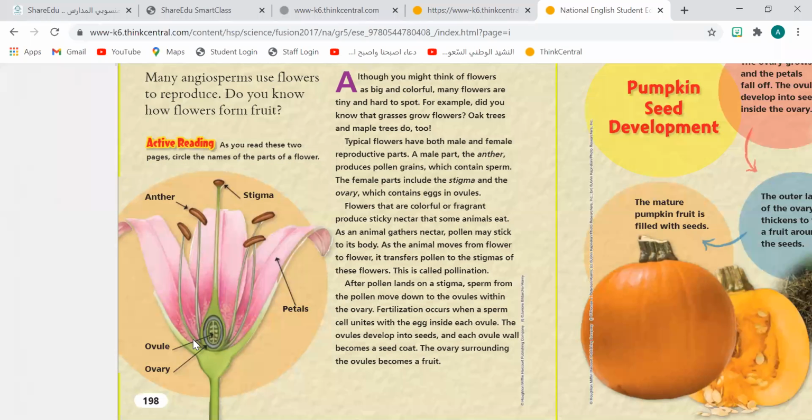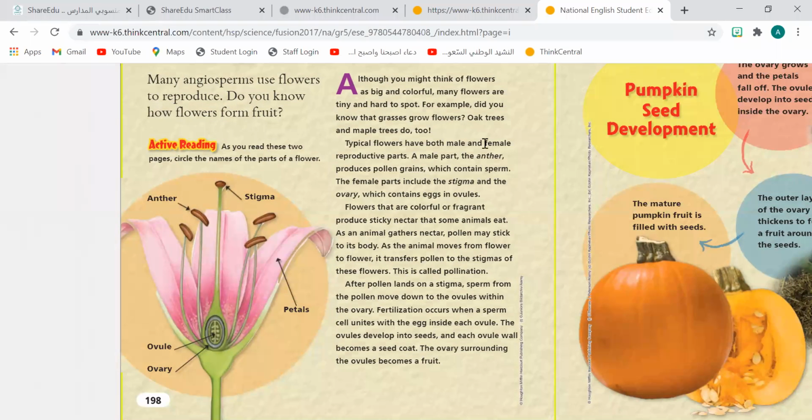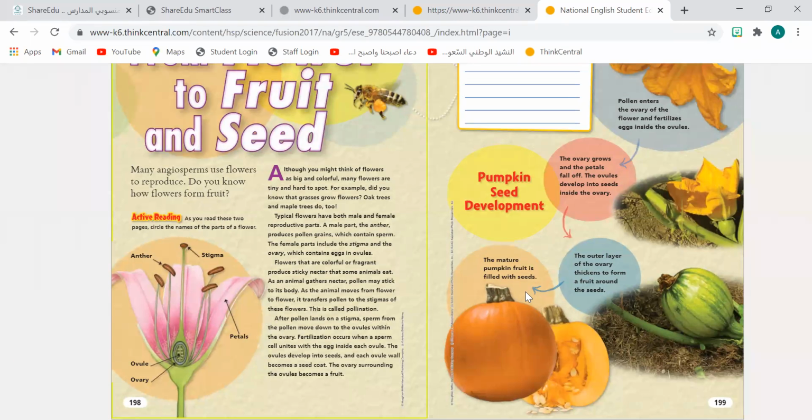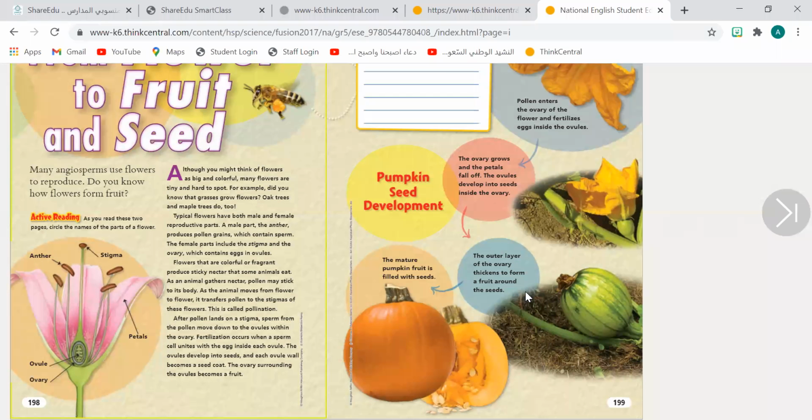You are going to have an egg, a sperm, and then a fertilized egg. After that, what comes? Fruit. It will give you a fruit. So a fertilized egg will give you what? A fruit. Excellent.